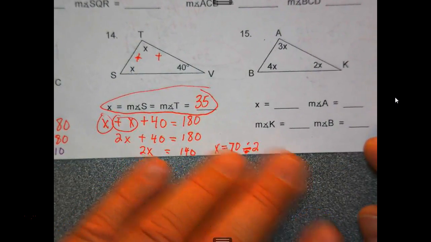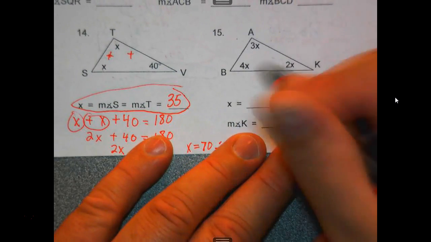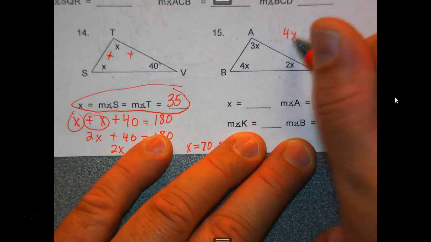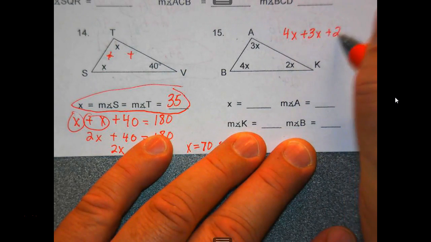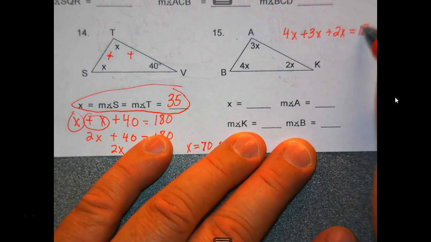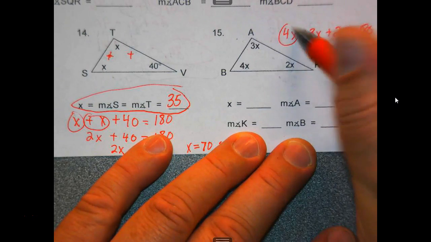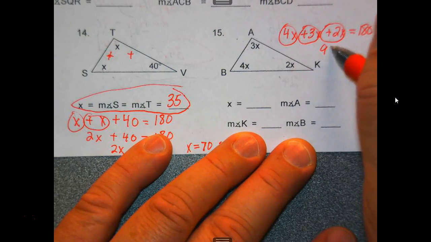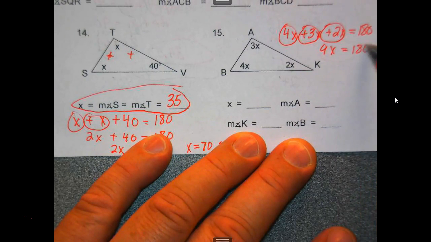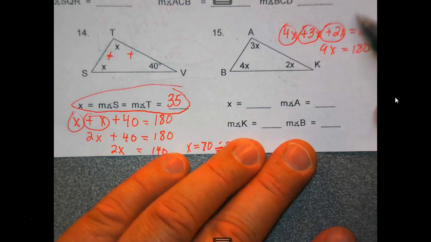And the last one I'm doing, 15. Let's see, 4x plus 3x. Combine like terms. 7x, 9x. Divide by 9.